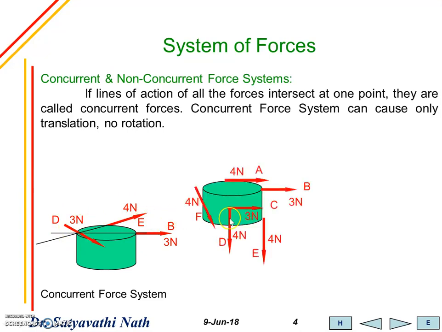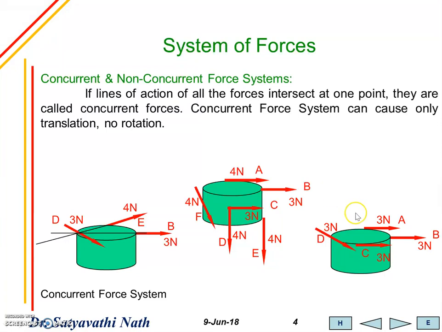Coming to the next example, non-concurrent force system. Again, in this diagram, some forces are parallel to each other and some forces are meeting at one point. Here, even though these two forces are meeting at this point, other forces, even if we join them, are not going to meet at one point. That is why this force system can be called as non-concurrent force system.